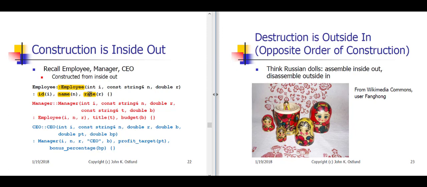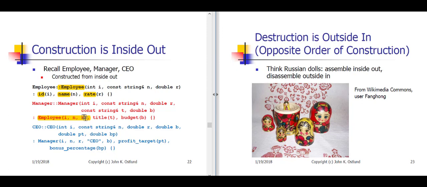The manager constructor also needs to be given an ID number, a name, and a rate as arguments, as well as a job title and a budget. The manager constructor simply passes down to the employee constructor the initial values for the ID, name, and rate.